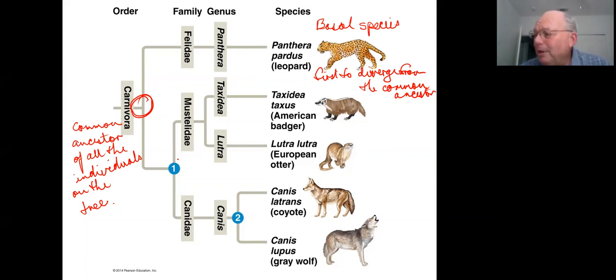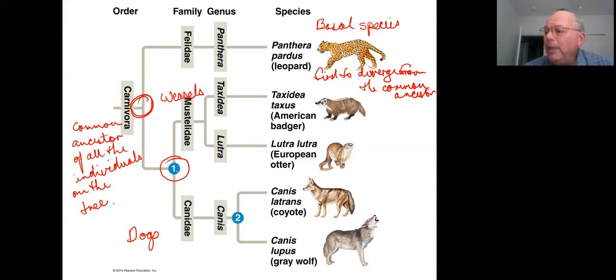Then we have another branch point, which represents the point of divergence between the Mustelidae, which are the weasels, and the Canidae, which are the dogs. So the weasels and the dogs, the Mustelidae and the Canidae, share a common ancestor.